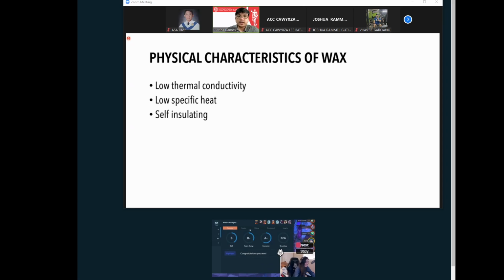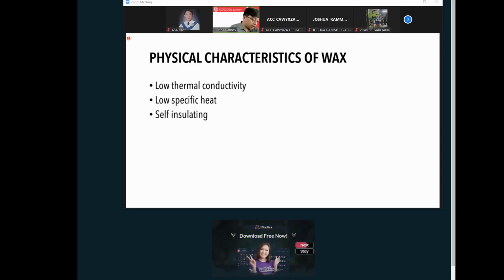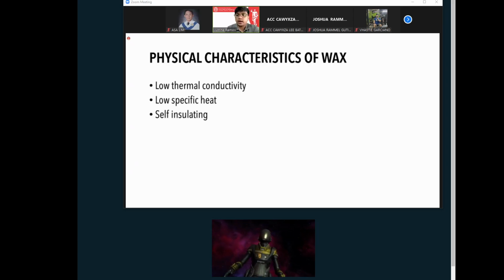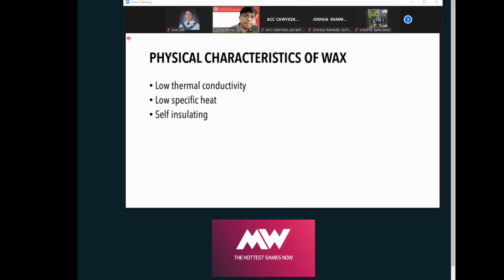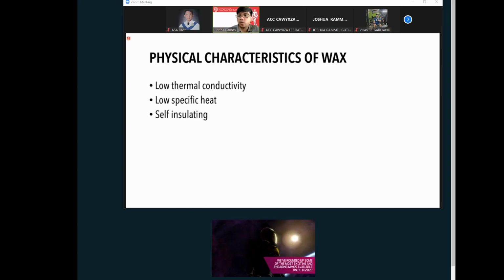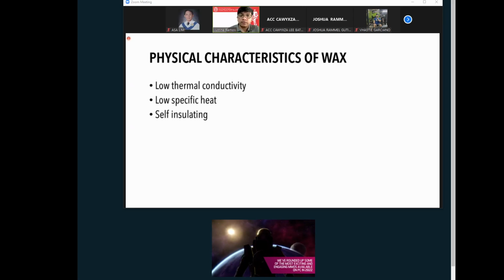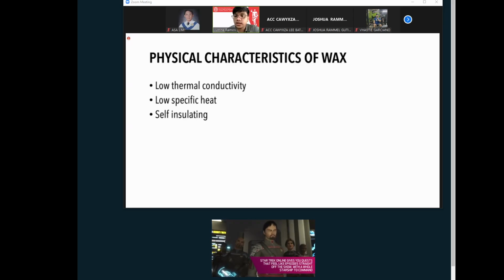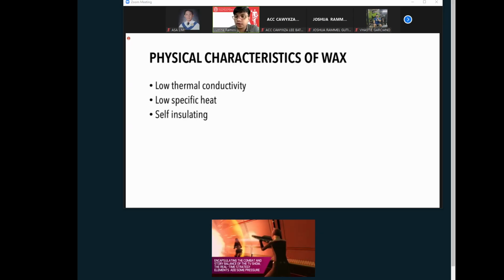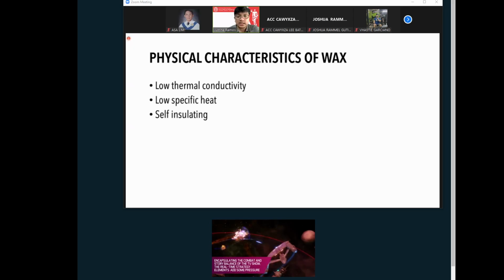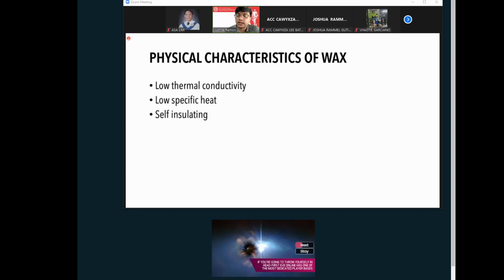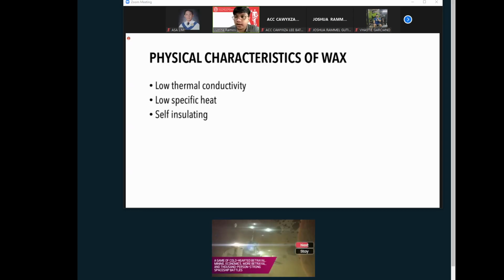So the physical characteristic of wax, it has a very low thermal conductivity, it has a very low specific heat, and it's self-insulating. Okay? So meaning to say, yung melted state ng wax itself would allow for even distribution ng heat coming from the wax to the site or the body part to be treated. Second, it has a very low specific heat, meaning to say the patient doesn't feel as hot as a water at the same level.